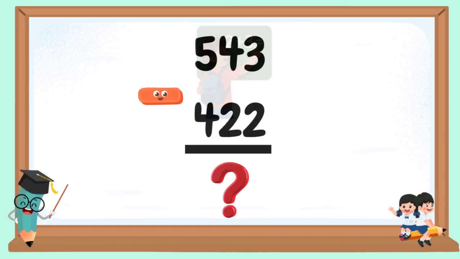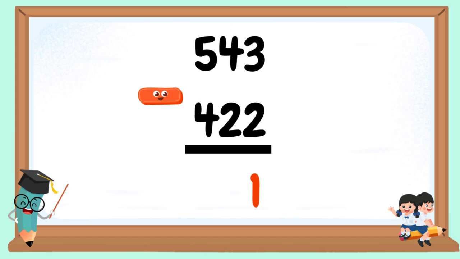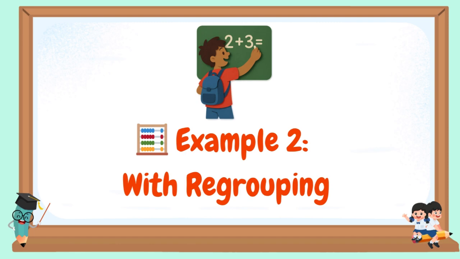Without regrouping. 543 minus 422. 3 minus 2 is equal to 1. 4 minus 2 is equal to 2. 5 minus 4 is equal to 1. 121 is our answer. Example 2. With regrouping.